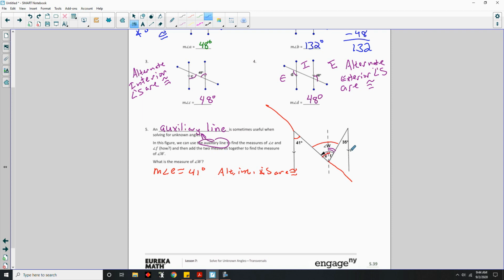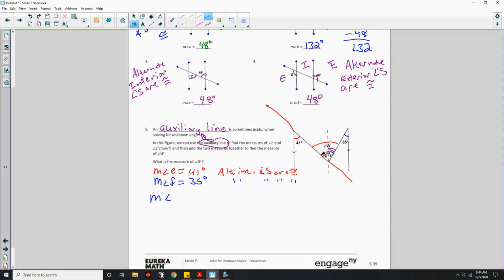Okay. Then, likewise, if this is my parallel line to this, this is my transversal. Got it? This is an alternate interior to F. So since alternate interior angles are congruent, the measure of angle F equals 35 degrees because of this. Now I can solve this.